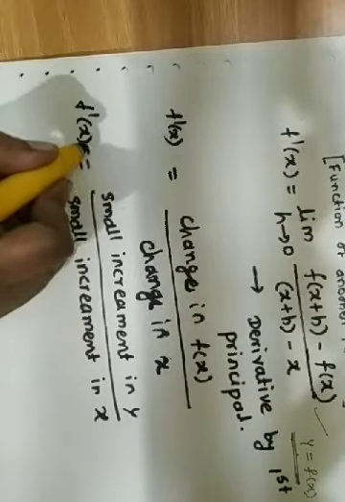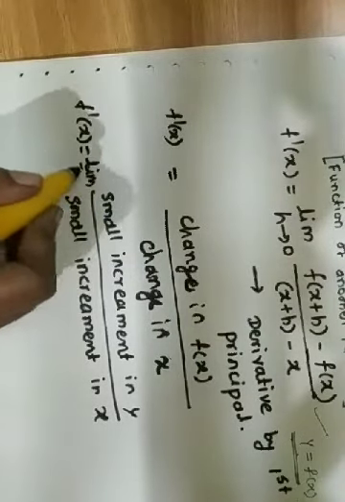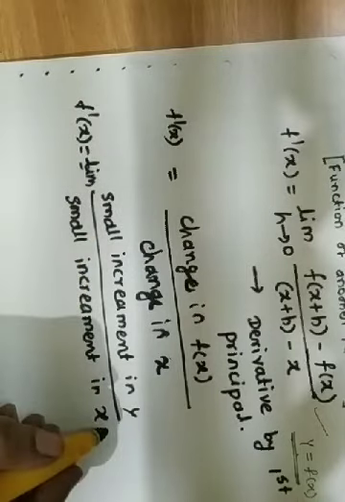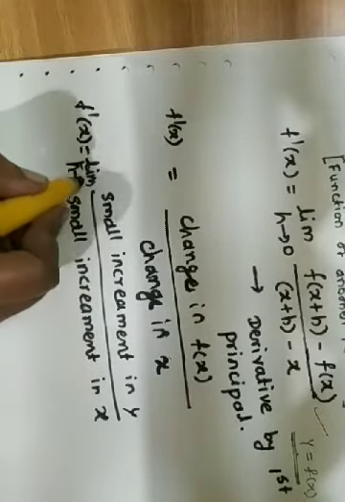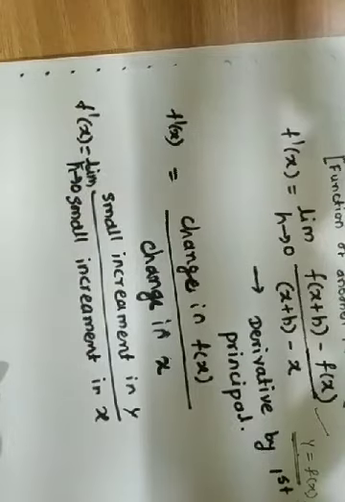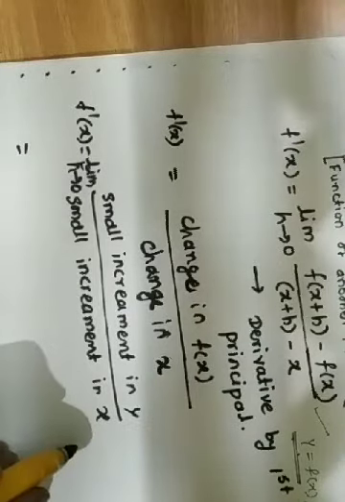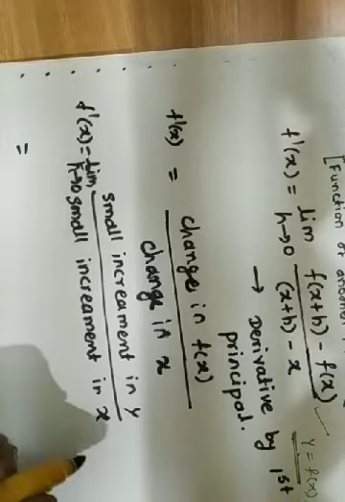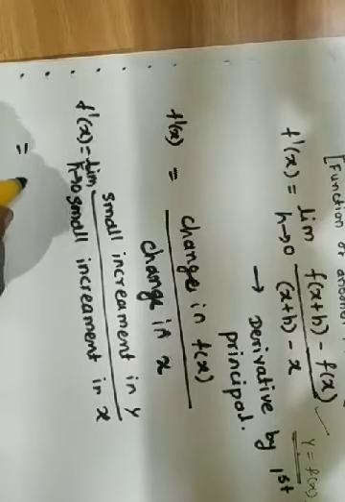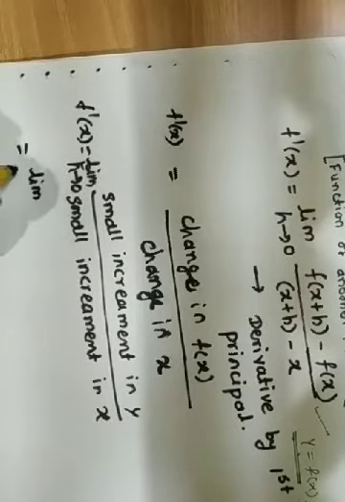Therefore, f dash of x is equal to limit as h tends to 0, small increment in y divided by small increment in x. This small increment h is taken as delta x.